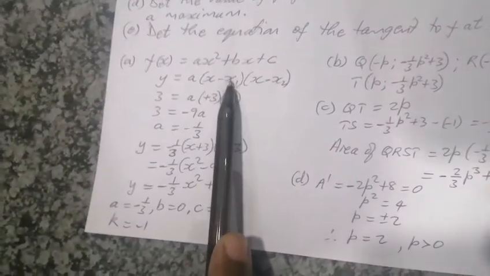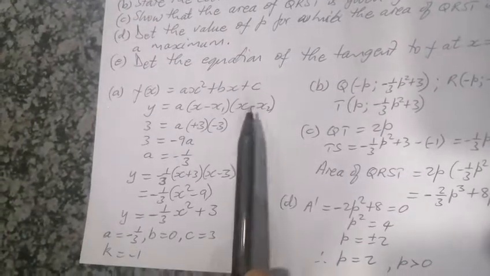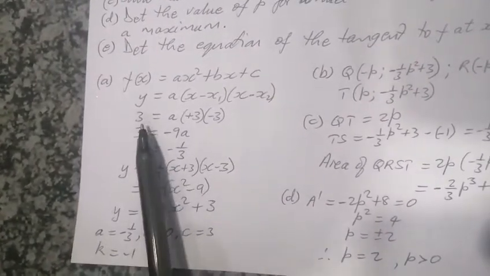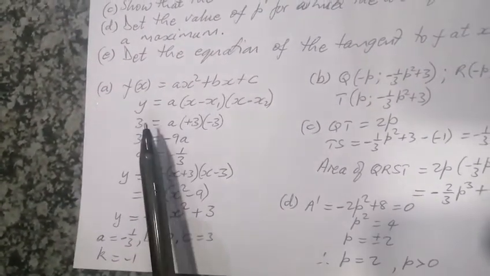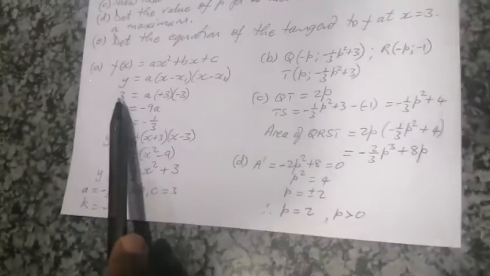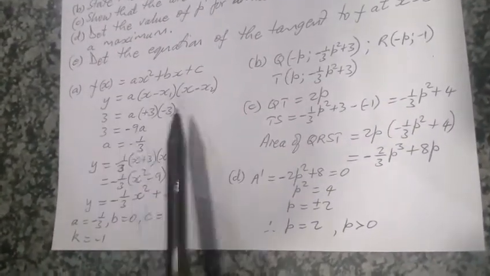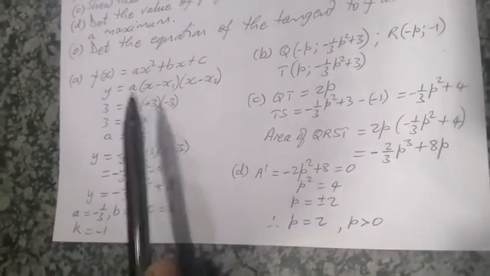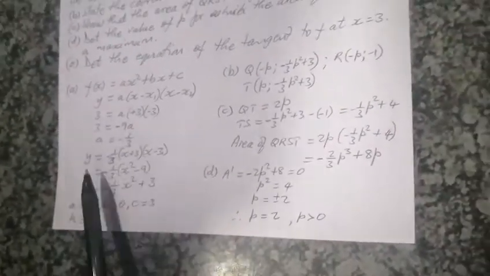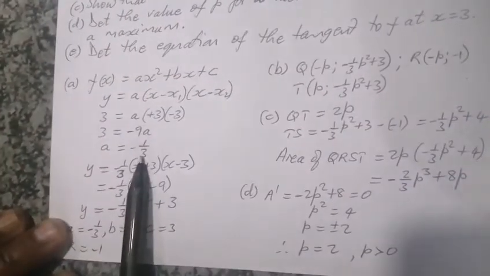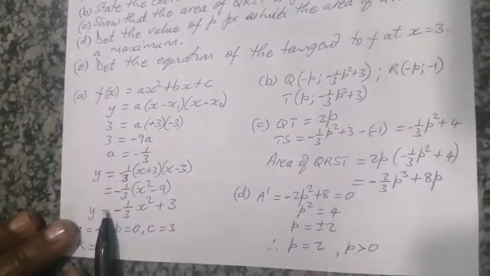It will be (x plus 3)(x minus 3). And therefore substituting our (0, 3) as a point, we shall have 3 for the y, and 0 for x, it means in this bracket we remain with 3, in this bracket we remain with -3, which when solved we end up with a is equal to -1/3.